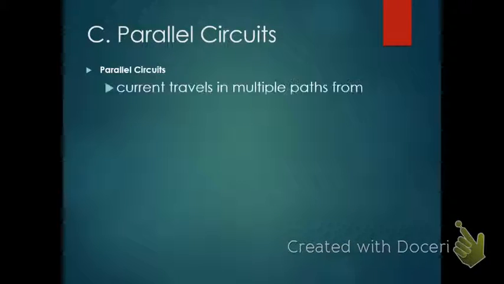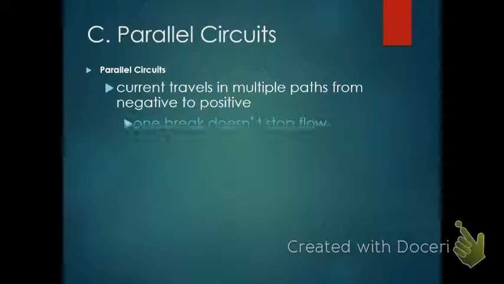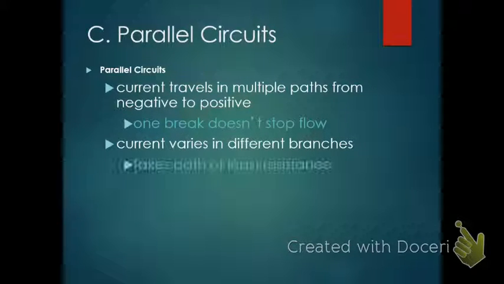Parallel circuits, on the other hand, electrons have multiple paths in which they could flow. So a break in the circuit doesn't stop the flow. If we have 10 things strung up, think of your Christmas tree. Some are in series, some are in parallel.